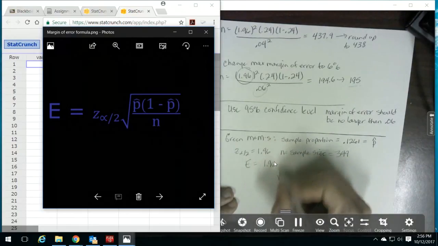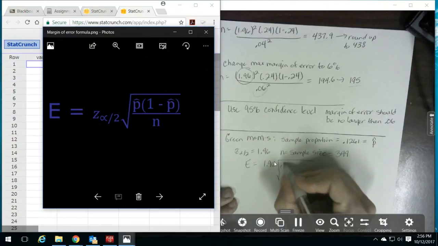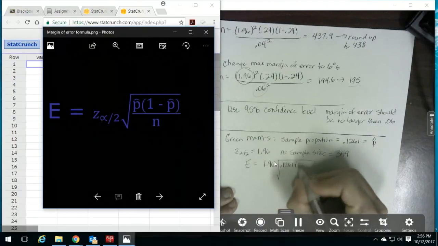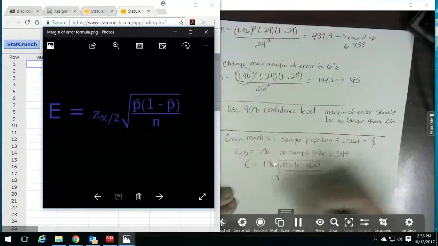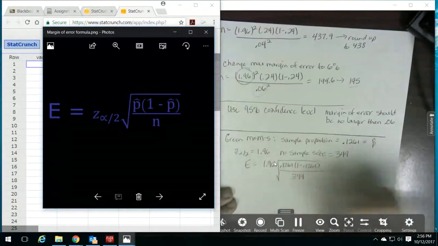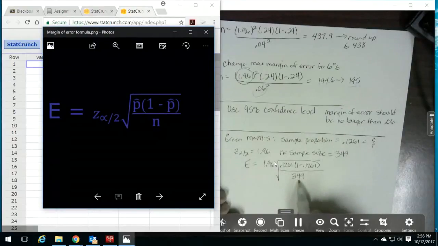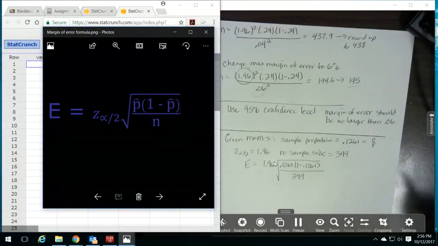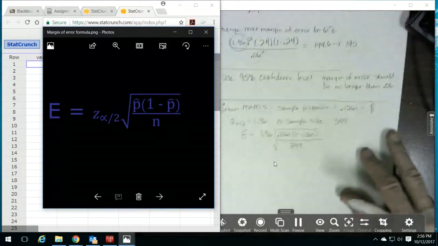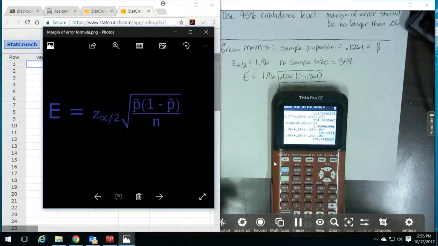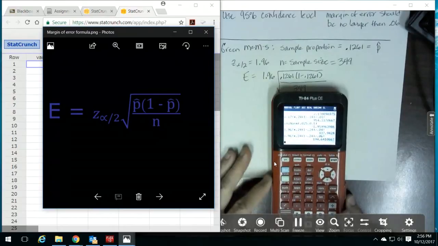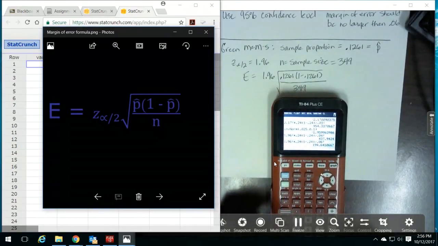So I have the 1.96 there, 0.1261 here, 1 minus 0.1261, and then divided by my sample size. One thing about this, when you're calculating this, is that that sample size, the n, actually goes underneath the square root. So when I put this in my calculator, I'm going to put it in just like that, all in one step.